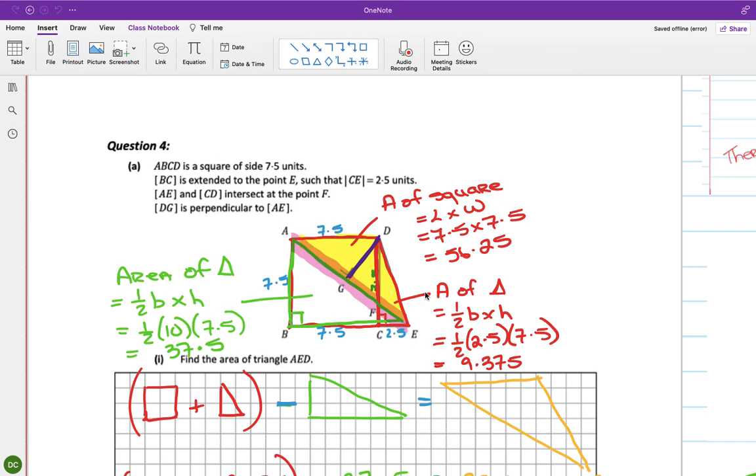The purple line down to the center there. DG. How do we get DG?